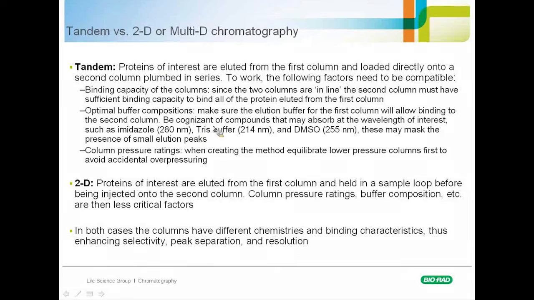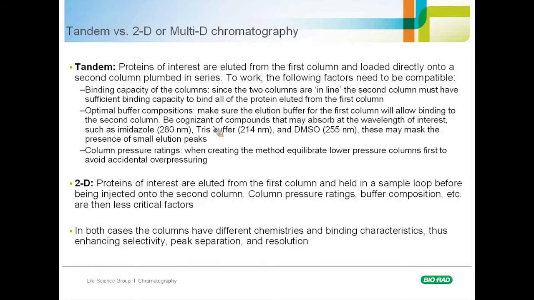Other considerations as well are other factors that may be in the buffers that you're using. So for example, if you're using IMAC columns for isolating a histag protein, the common factor that's used to elute from this column is imidazole. And as I'm sure a lot of you know, this absorbs at 280 nanometers.